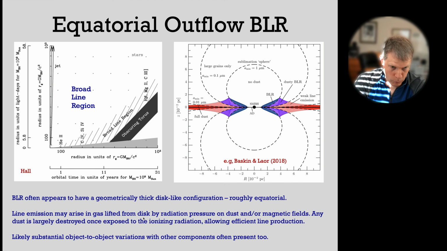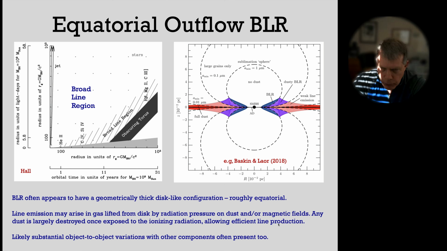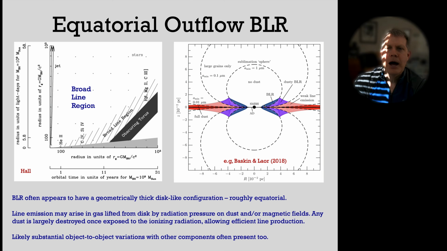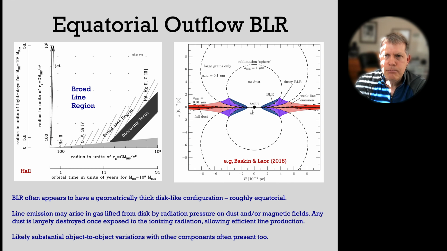And once the dust has been destroyed, then efficient line production can proceed in this material that has been lifted up above the accretion disk. And you get this, again, equatorial broad line region that is dust-free, even though it was originally lifted up from the disk by the dust radiation pressure. It is now dust-free and can thereby produce emission lines efficiently. That's the idea. Okay. And so this is a nice physical model.